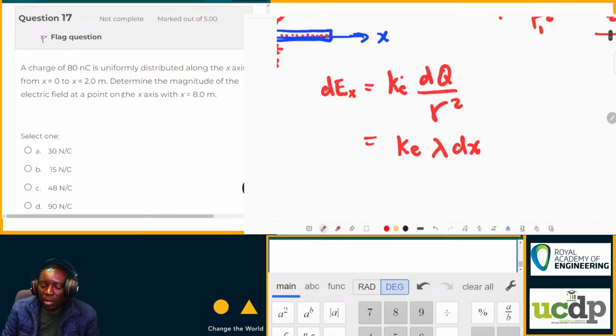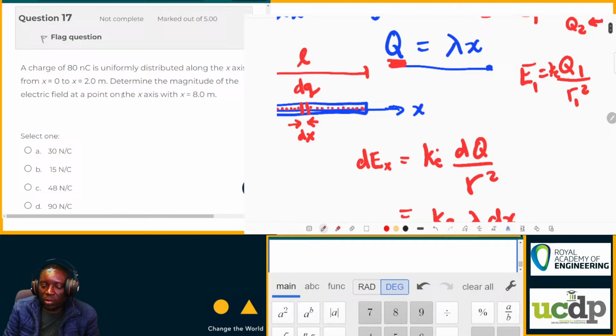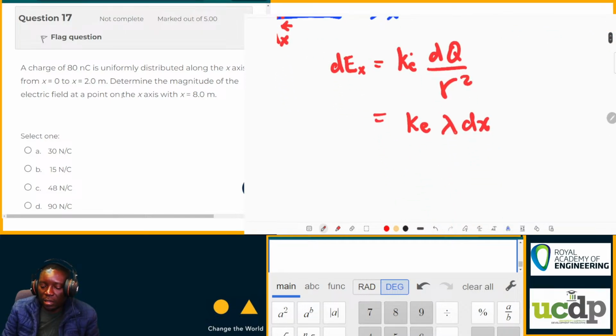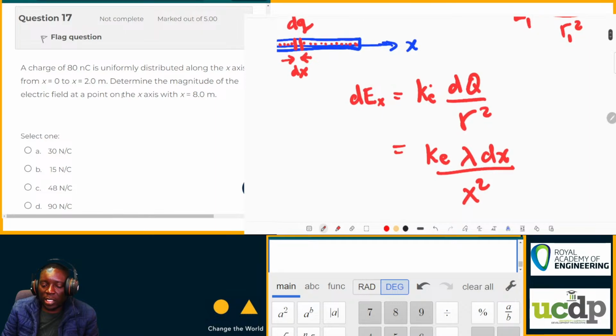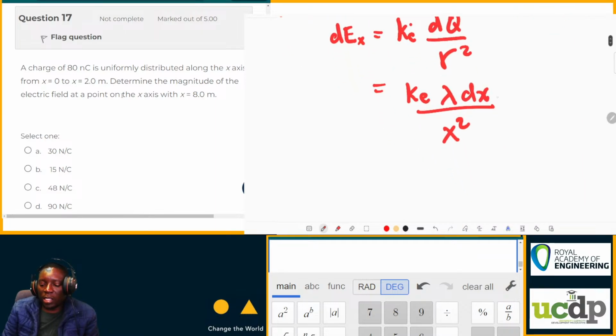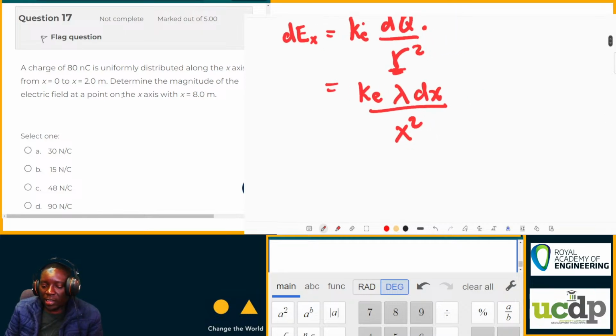So already we now have a variable of how dq varies with x, everything over x squared. Everything is along the x. So we've changed the variable from dq to how it varies with the distance where the dq is influencing the electric field at the point of measurement along the x-axis.